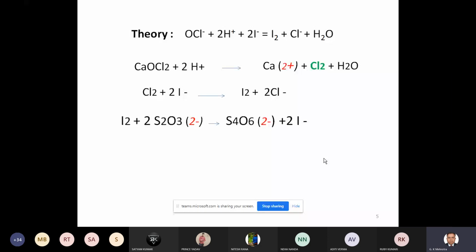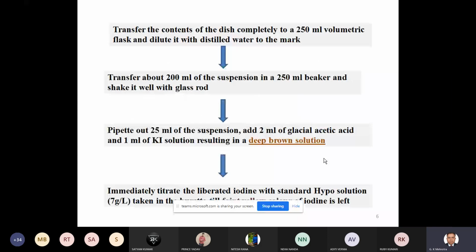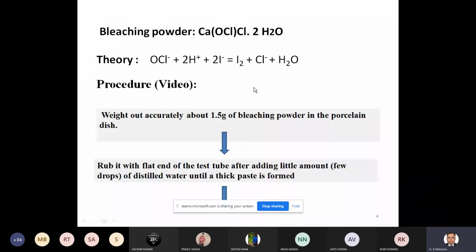So now coming back to the procedure, a video will be shown later on about the procedure, but let me explain how you go about carrying it out. The first and foremost task is to get an exact amount of 1.5 gram bleaching powder in the porcelain dish.